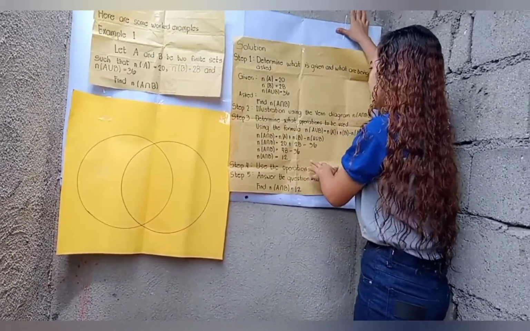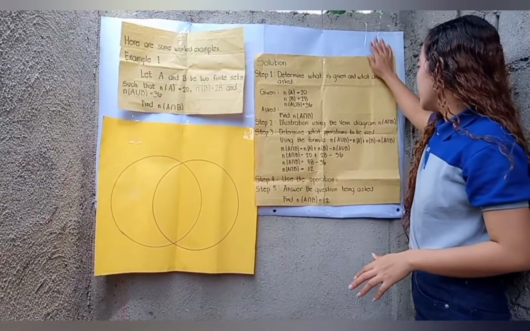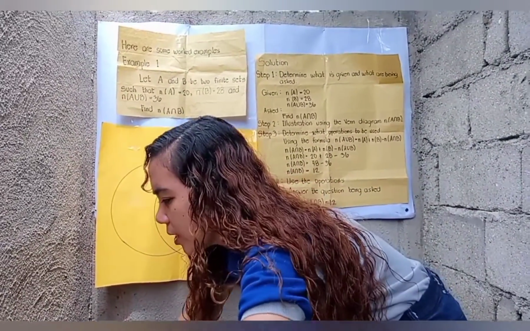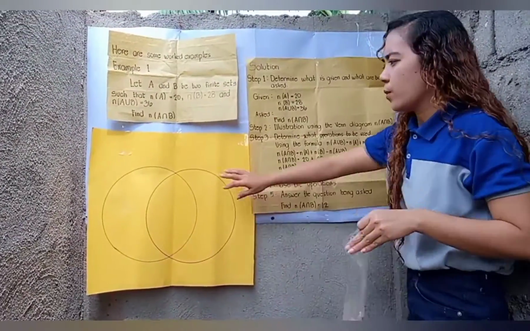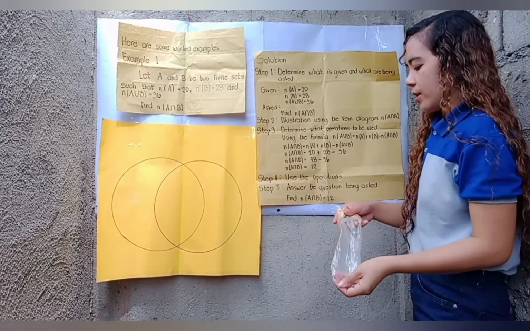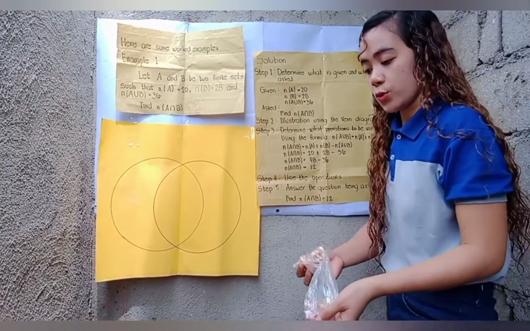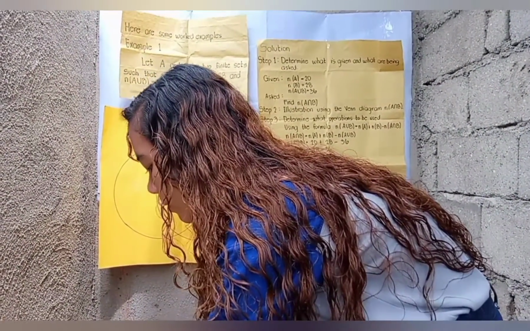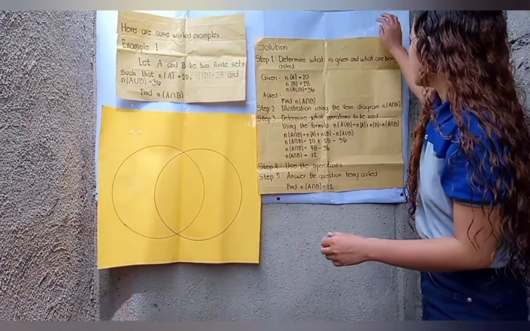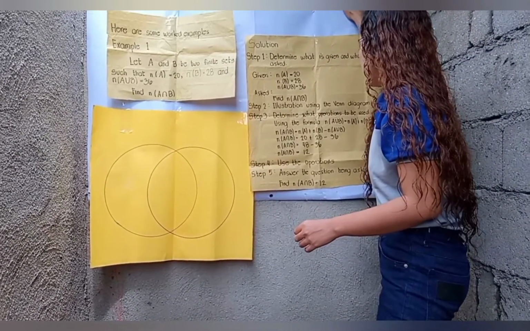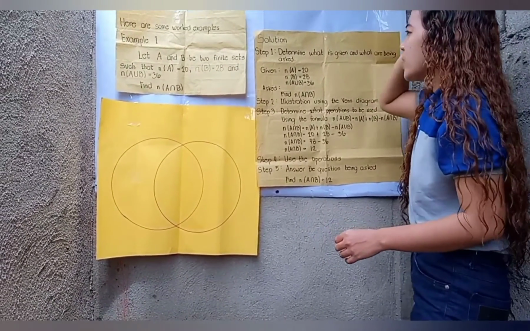So, yung step 2 natin, illustration using the Venn diagram. So, here, yung pag-illustrate natin using the Venn diagram, of course, we're going to do drawing the Venn diagram equals to 2 circles. And then, we have to illustrate this.